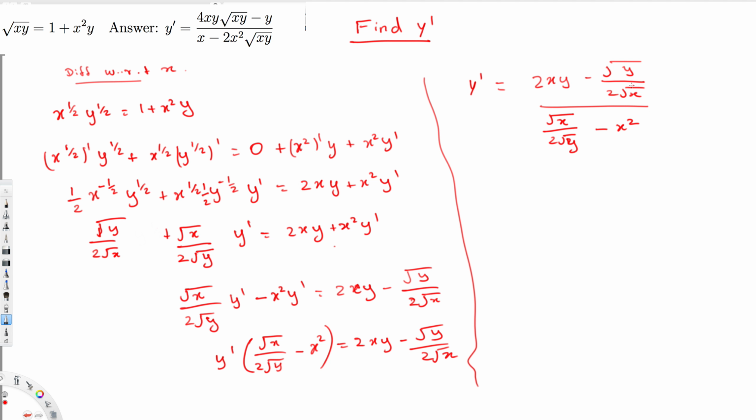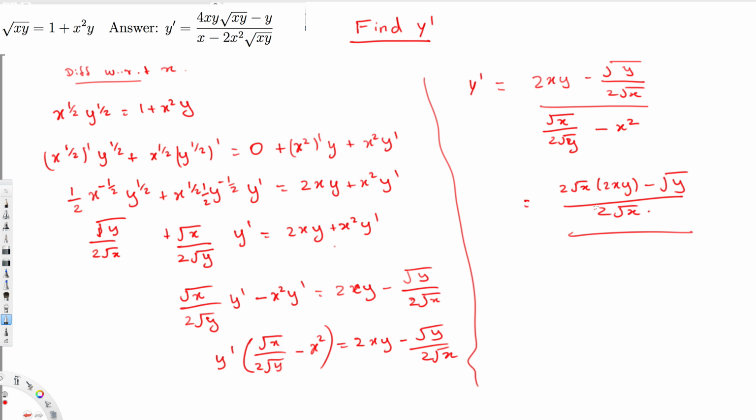Now I can bring everything together and find the common denominator. For this one I multiply by 2 square root of x, so 2 square root of x multiplied by 2xy, minus square root of y over 2 square root of x.